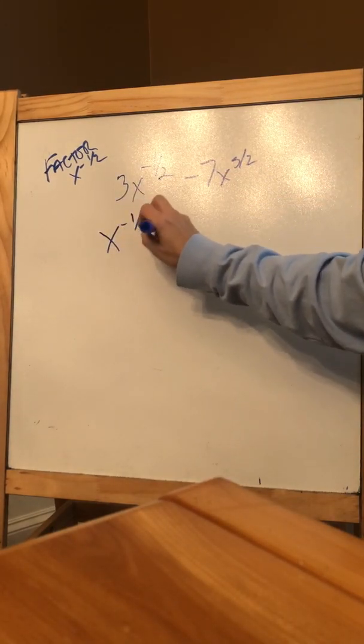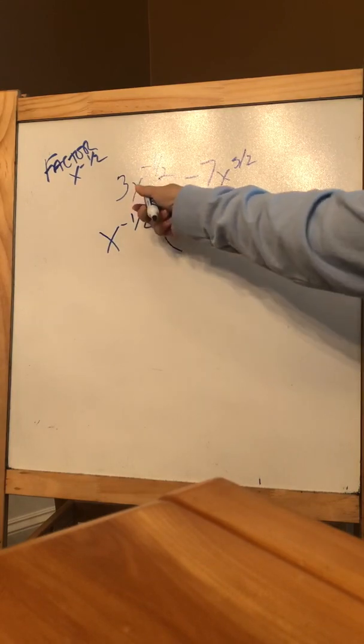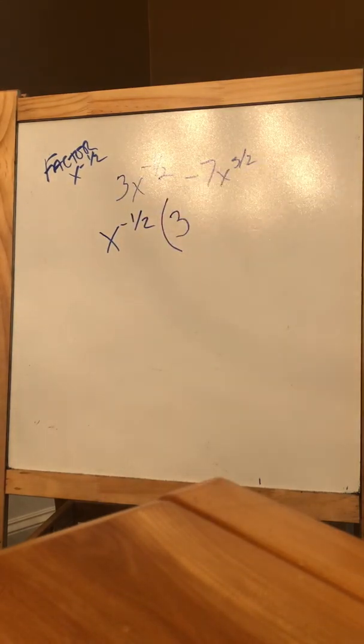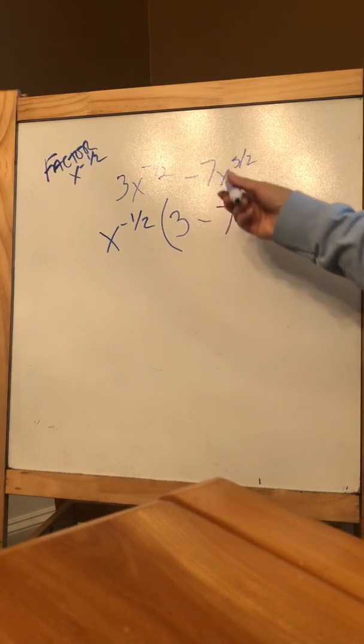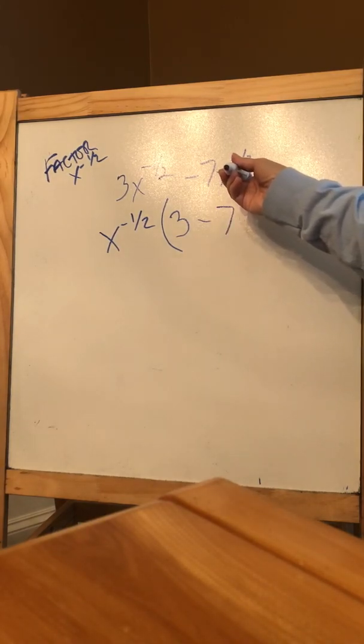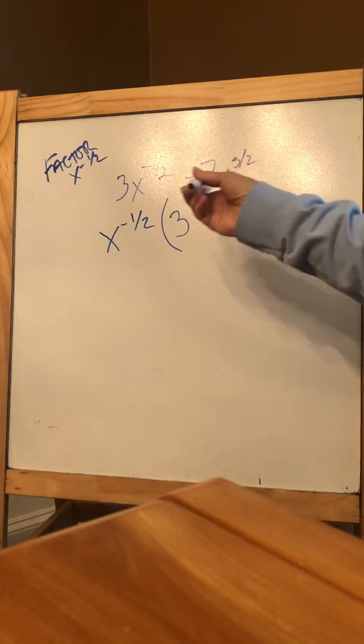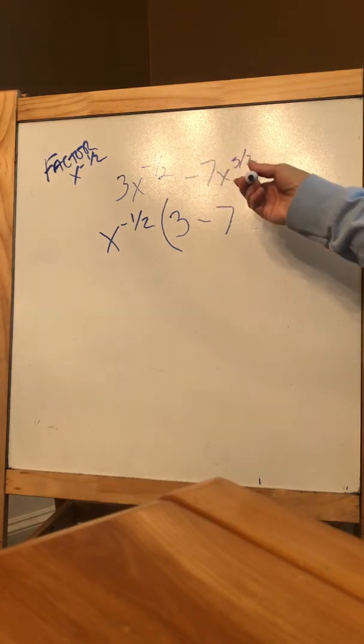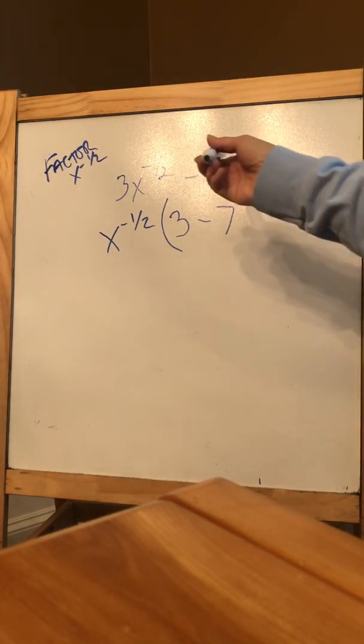X to the -1/2. What happens if we pull that out of here? We're left with a 3 here. What are we left with over here? Okay, so it doesn't change anything for the 7. But what happens if we take out 1/2 here? What are we left with on this one?